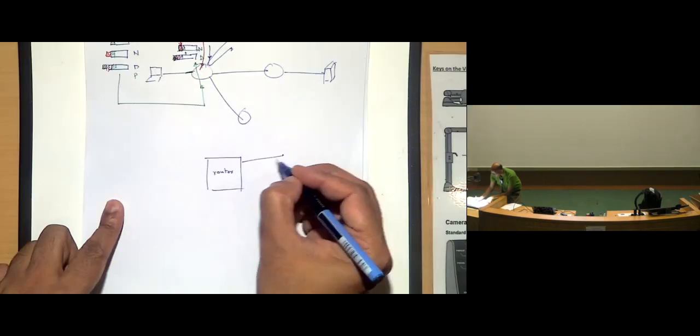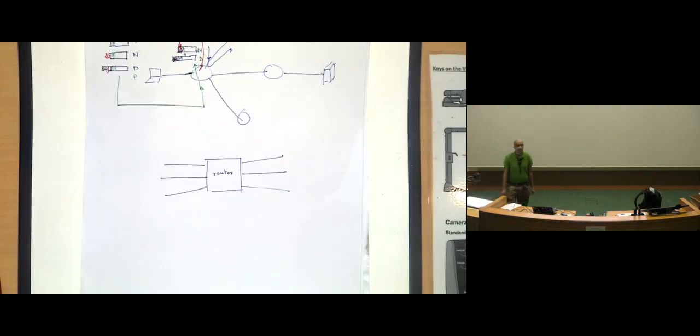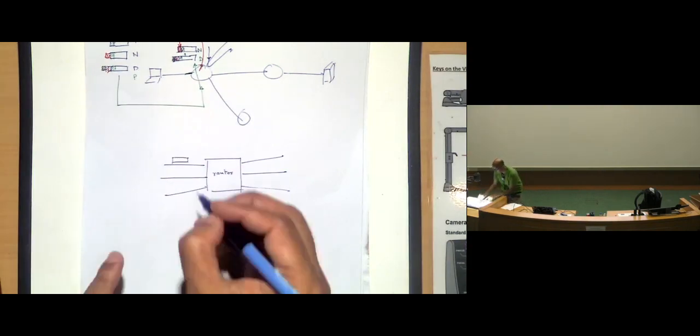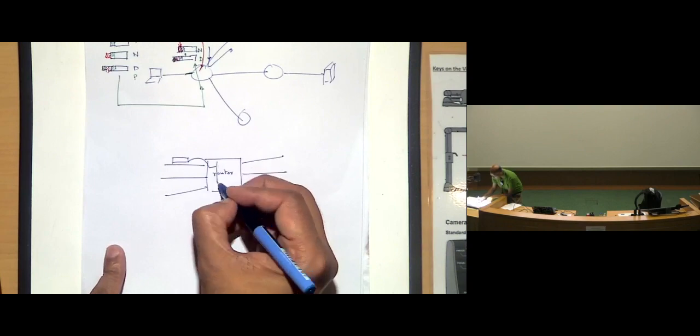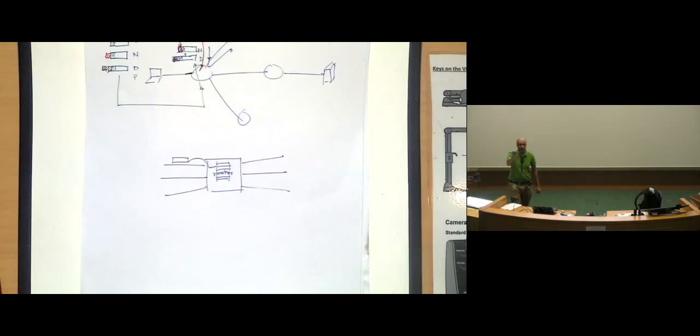If I were to zoom in here, let's say this is my router. It has many incoming links and many outgoing links. Let's say a packet has come in here. What do we usually do? We will take it and store it in the memory of the router, and then we will examine the header to figure out where you need to go.